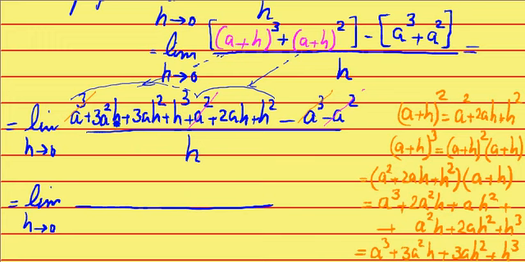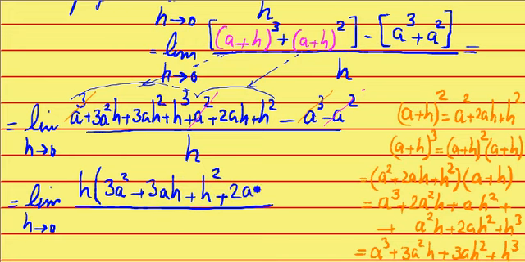Well, I have a factor of h here: 3a squared from this one, 3ah from this one, h squared from this one, will be 2a, and then I forgot something. From this one I have an h. So let's just track them so that we know where they came from. This came from here, this came from here, of course, this one, and this one. Everything else was gone.